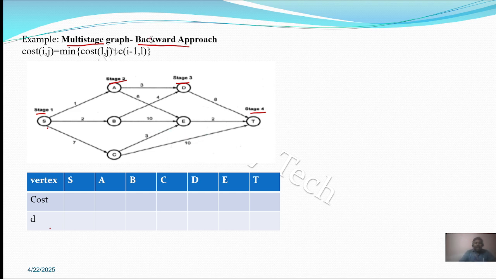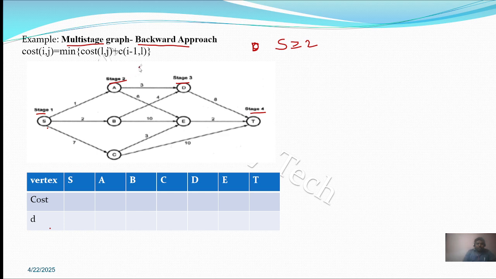Now in the backward approach, the number of stages should be greater than or equal to 2, at least two stages. Then you can apply this multi-stage graph backward approach algorithm.